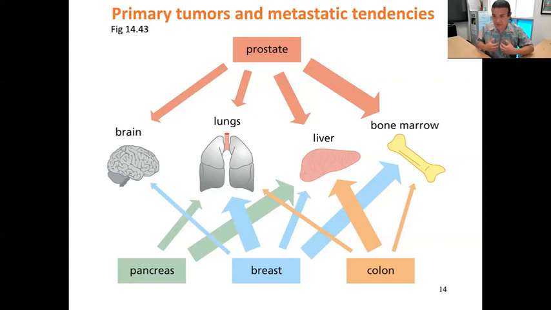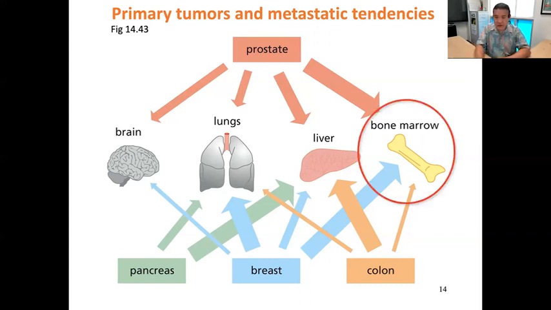That might be very different than other normal cells somewhere else in the body. And that dependence upon those pathways still might play a very important role in whether those cells, if they get to some other tissue in the body and revert back to epithelial, need or expect to be able to still use those pathways.